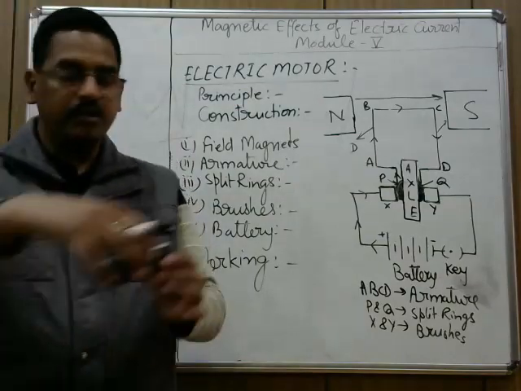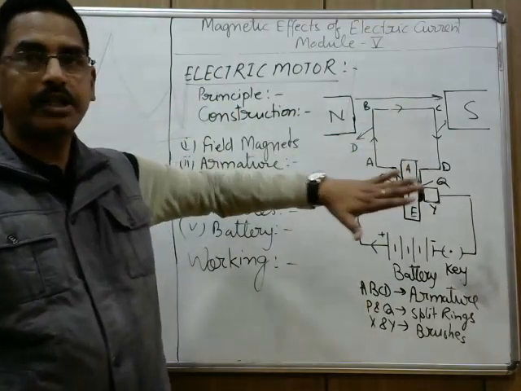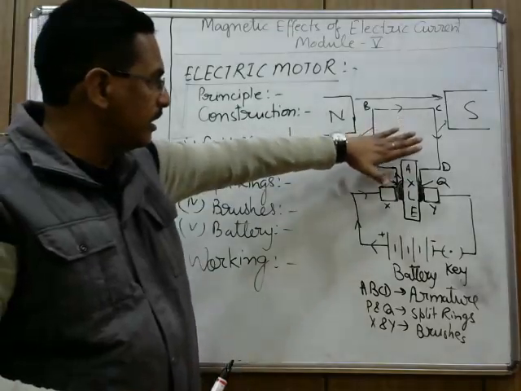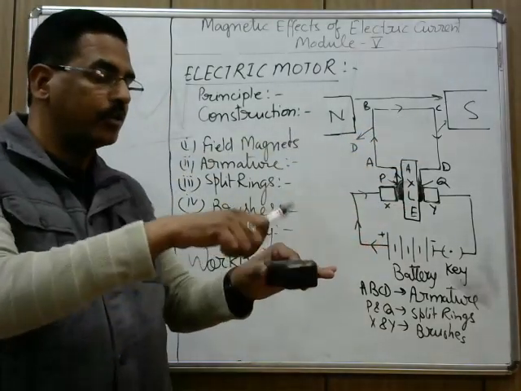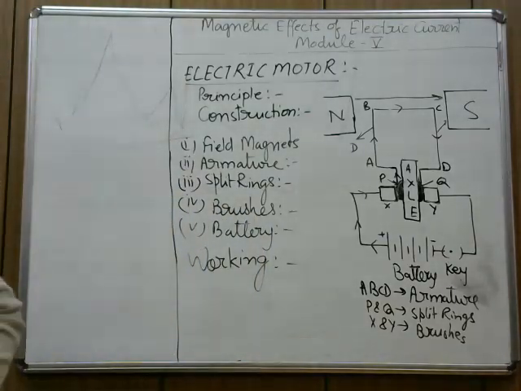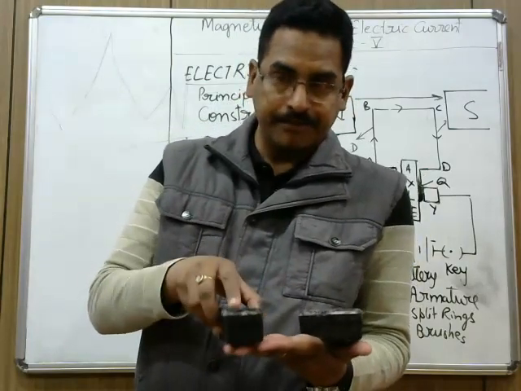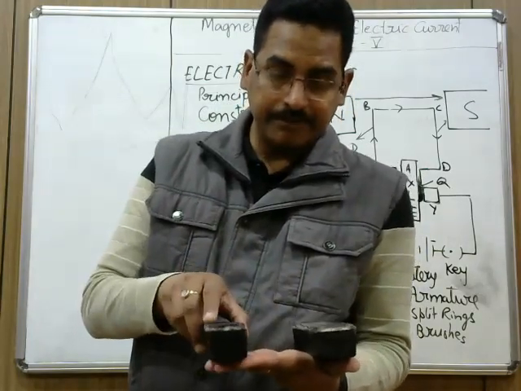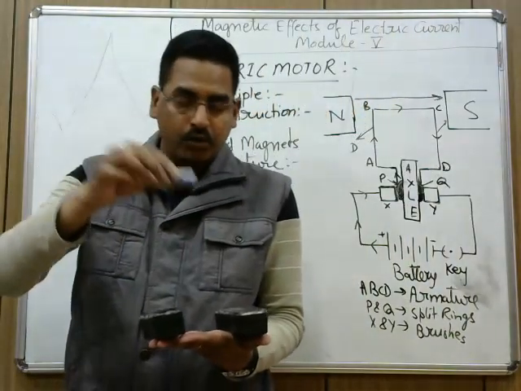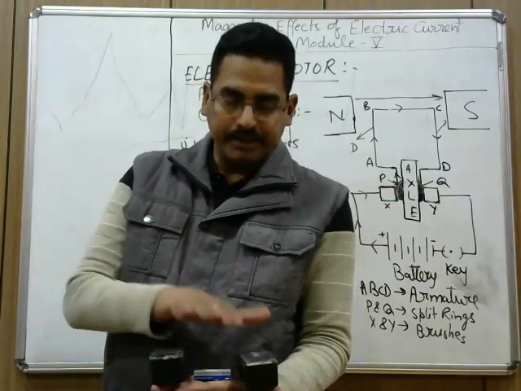As I told you, the whole diagram has been plotted in the same plane, but actually this plane is kept perpendicular to the direction of magnetic field. Suppose these two dusters are the poles of a magnet, and this is the coil, kept in this plane.